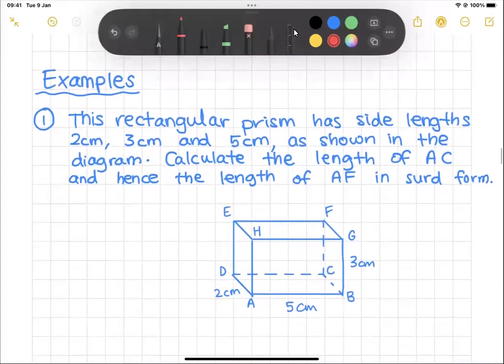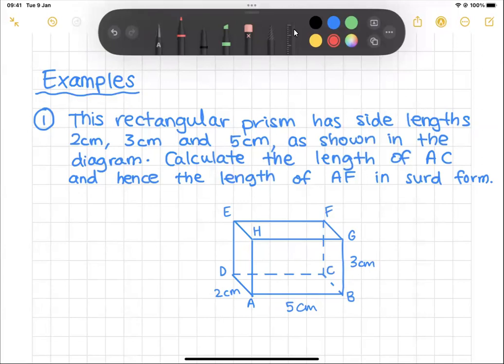My first example right here is: this rectangular prism has side lengths 2, 3, and 5 centimeters as shown in the diagram. Calculate the length of AC and hence the length of AF in surd form. Before even solving these questions, I need you to get into the habit of breaking down those questions, particularly worded problems.